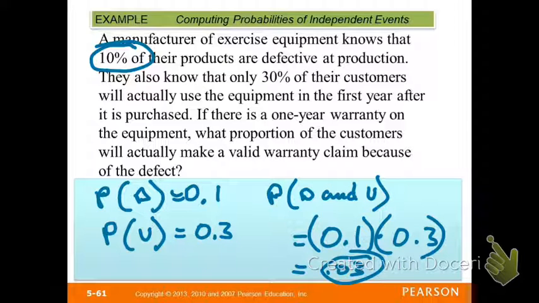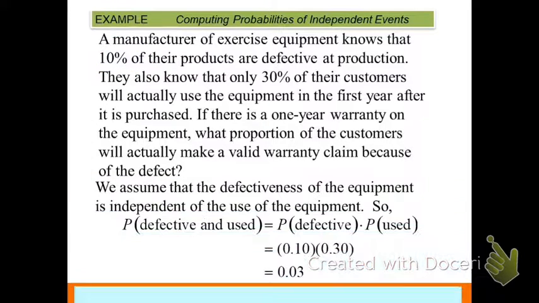So 0.03 is what we're looking at there for a probability of a warranty claim being filed.